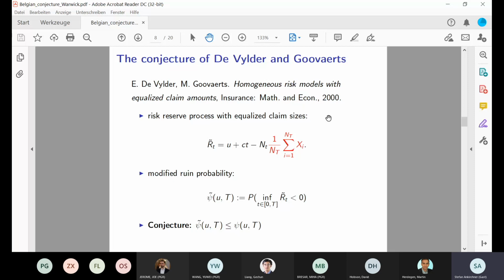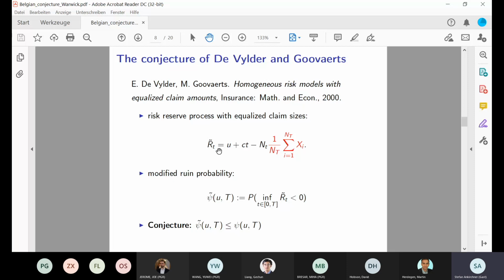What De Vylder and Goovaerts have studied is the following modified risk reserve process. So we have still the initial reserves U, we have incoming premium at rate t, but now we look at some equalized claim sizes.